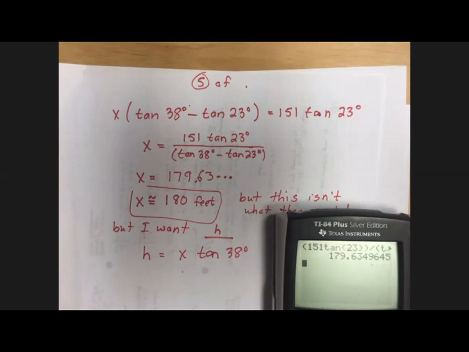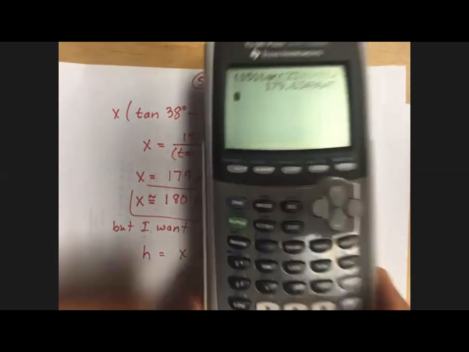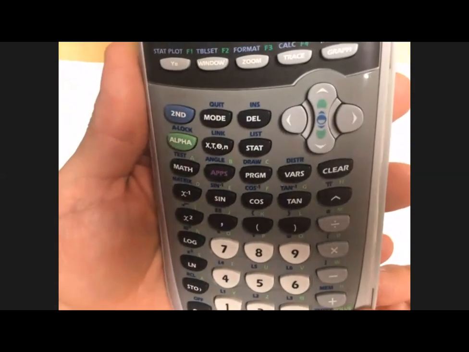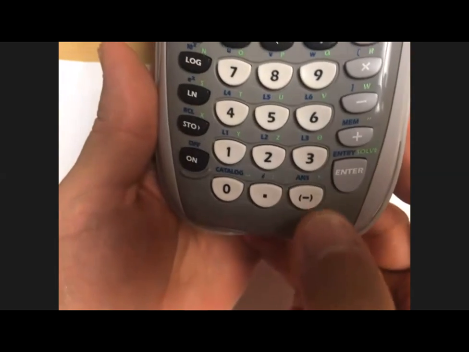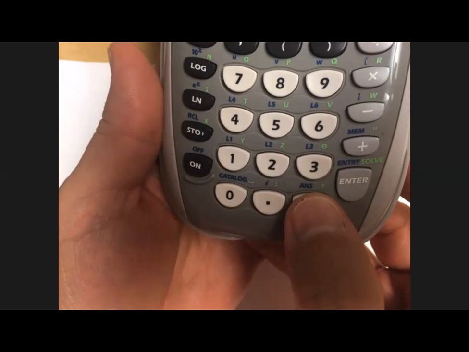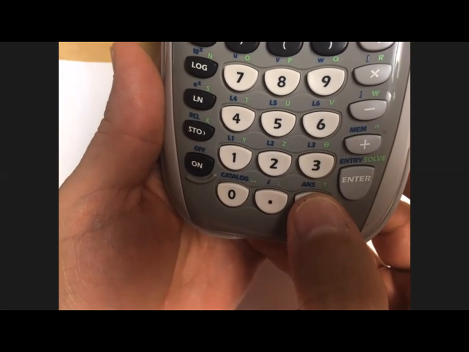I could do two things right now. I could hit the multiplication button and the calculator would automatically take that number with all the digits and the 3 more off the side and multiply by tan 38. I could also, here's another really interesting feature, and it's way down here in tiny print. Do you see right here on the minus key, it says ANS, answer, blue ANS.